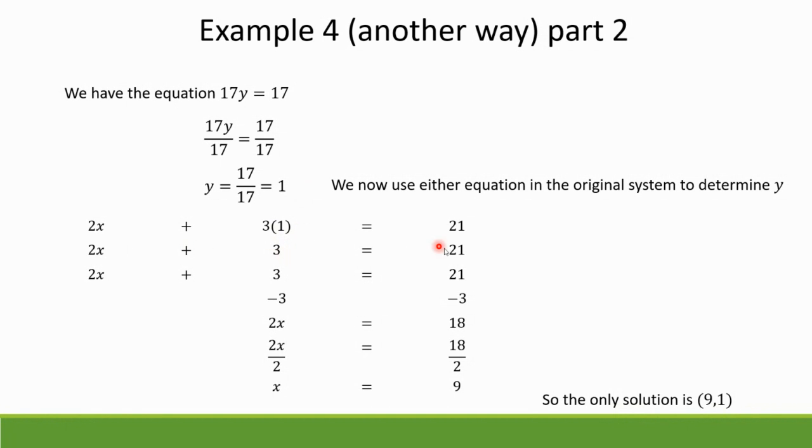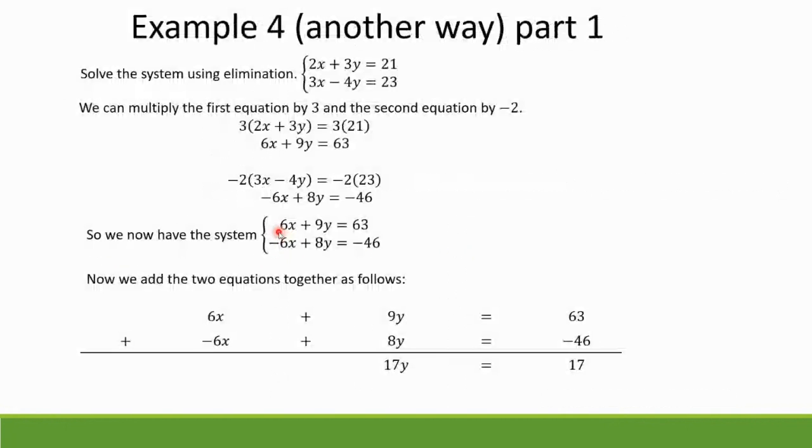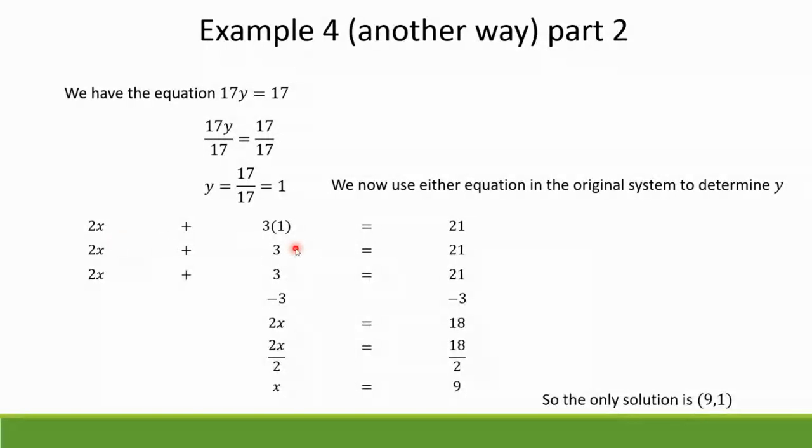So we have this. So we get 2x plus, so we plug it in, 1. I think we did, let me see, the first one? Yes. So we get 2x plus 3 times 1, which is 3, is 21. We're going to solve for x. Okay, I'm not sure why I wrote this twice, but that's okay. We can subtract 3 from both sides, right? And we get 2 times x is 18.